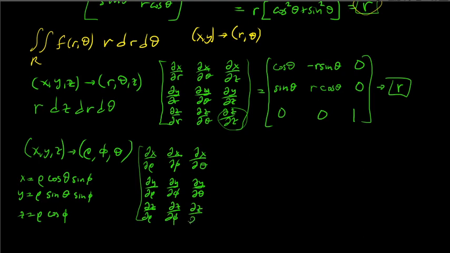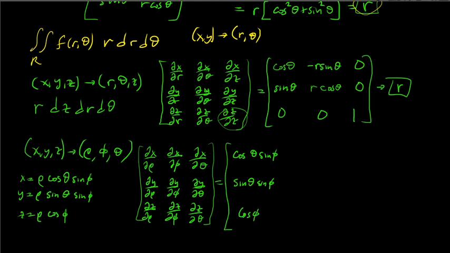Phi, and then theta, right? So, yep, the matrix will be a little bit more complicated here. With respect to rho, you're just going to get cosine of theta sine of phi. And I'm going to go down instead, because the rho partial of y is just sine theta sine phi. And then the z partial of rho is just cosine of phi.